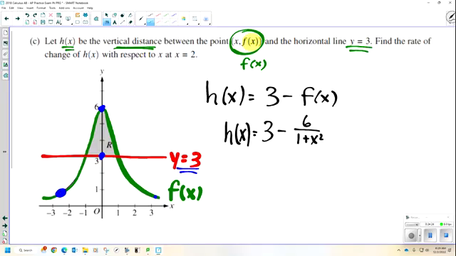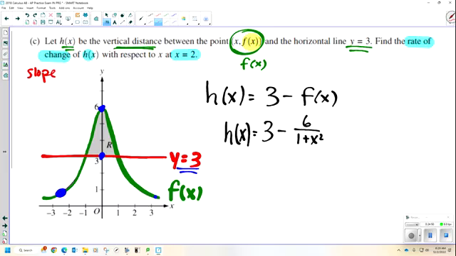Now, let's go back to the wording of the problem and understand a basic phrase in calculus. Find the rate of change of h of x with respect to x at x equals 2. God, I can't believe this is a part C. It should have been a part A. Because rate of change is really slope.